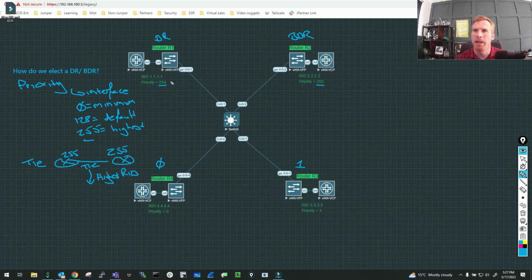If we look up here, if this wasn't 254, say this was 255, it would have the same priority as router R2. So which one would become the designated router? In such a case, it would be R2, because router R2 has the highest router ID of 2.2.2.2, whereas R1 has an ID of 1.1.1.1. So that is how you break a tie.